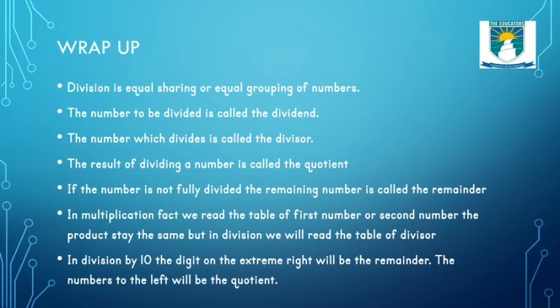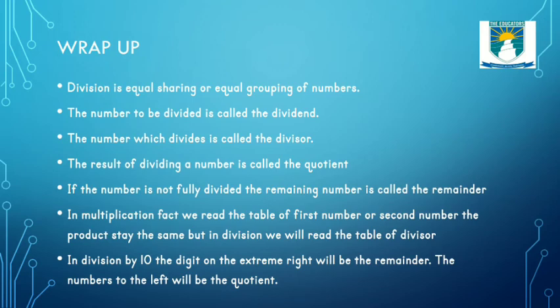Let us now wrap up our lesson and discuss all the main points. Division is equal sharing or equal grouping of numbers. The number to be divided is called the dividend.